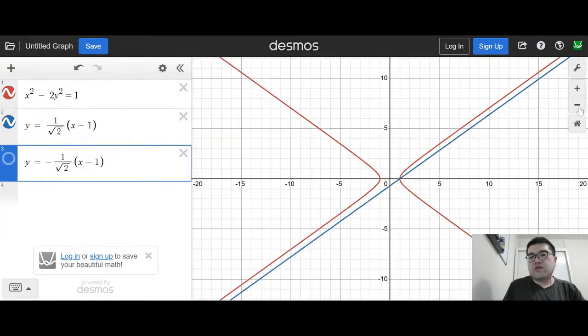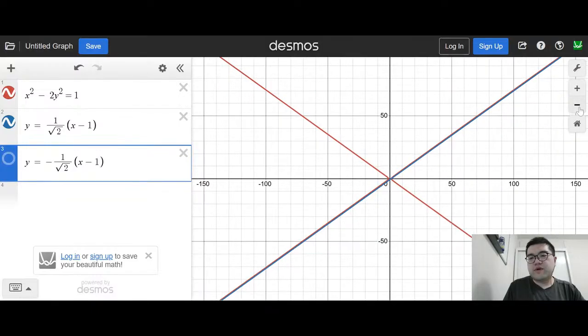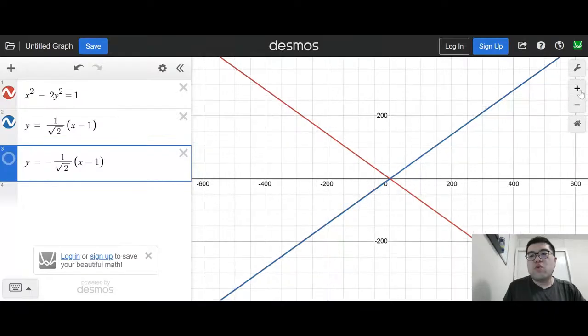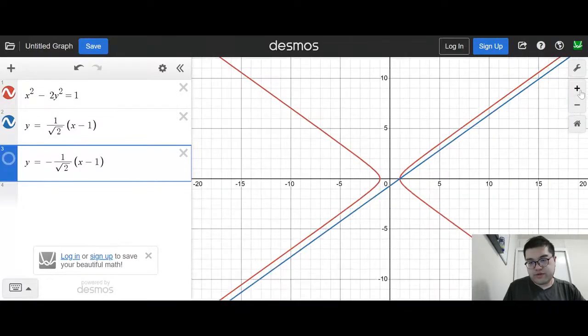Okay, let's zoom out. If we zoom out, in fact, what we get is we have only one solution. So how come it only has one solution? In fact, this line would be approximately an asymptote of what we have.